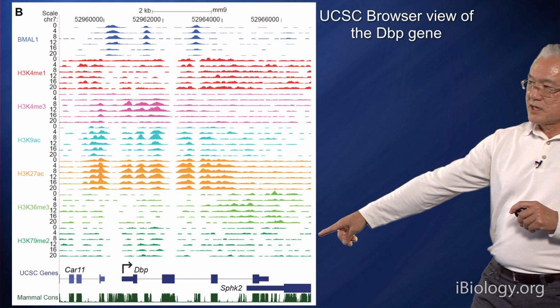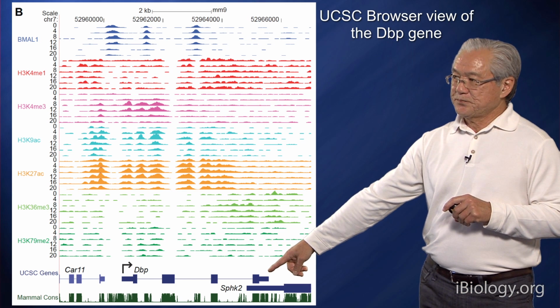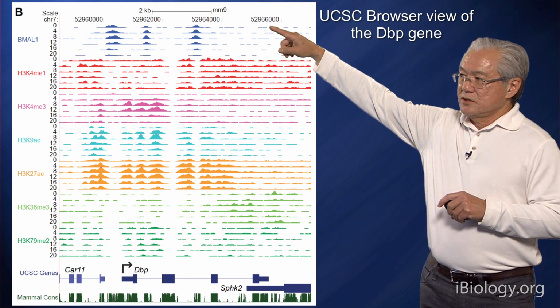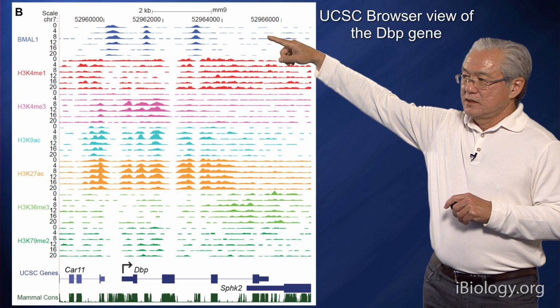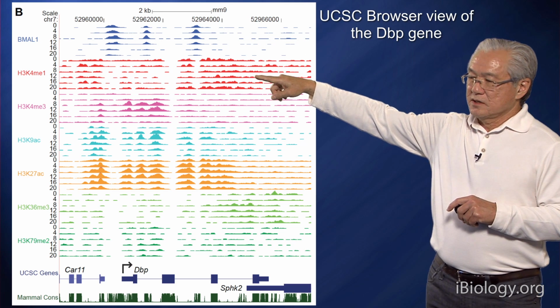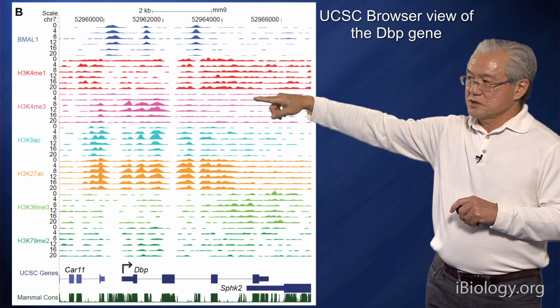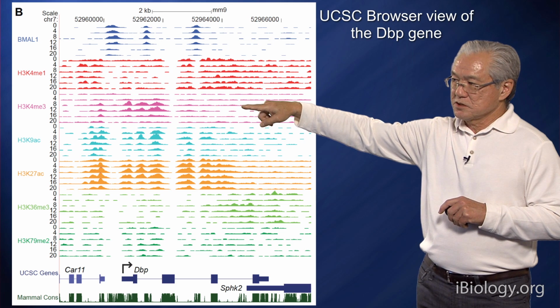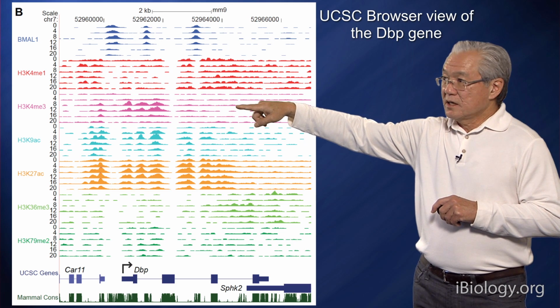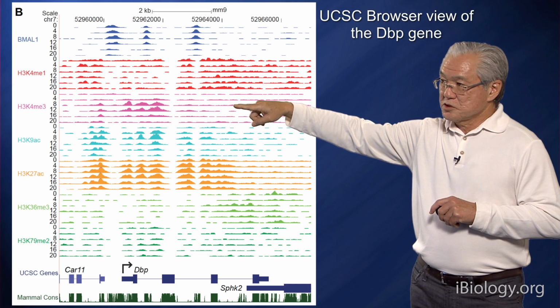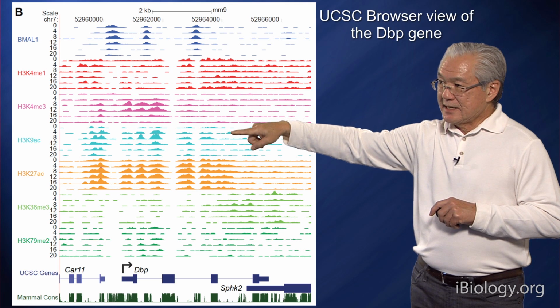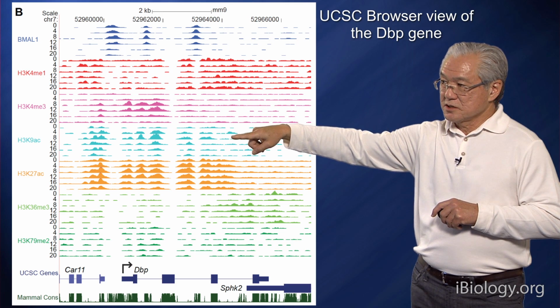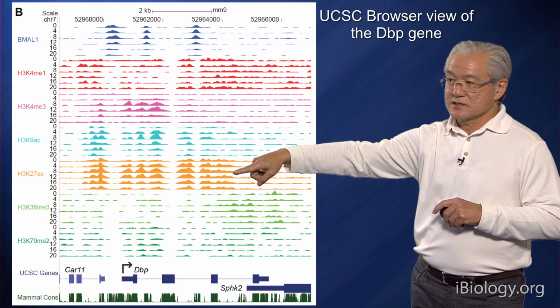This is a second example at the DBP gene. Again, you see BMAL here at the top. This is the activation mark lysine 4 monomethylation, and then very striking circadian occupancy of lysine 4 trimethylation and lysine 9 acetylation, lysine 27 acetylation.